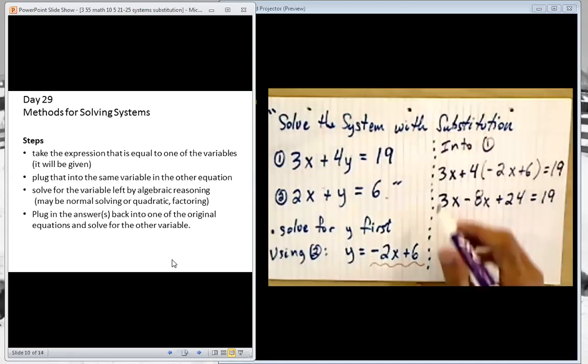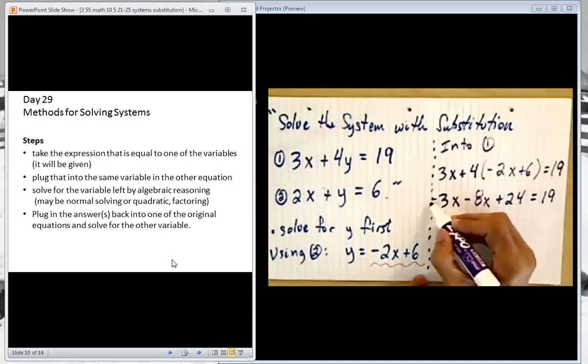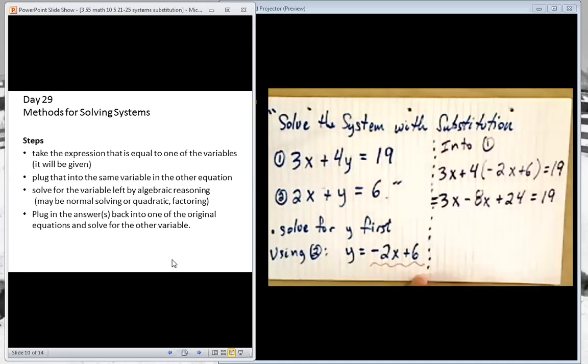Should be equal signs in here. 3x minus... What do you got? Minus 5x. Yeah, Dunya got the answer. You want to help her out?